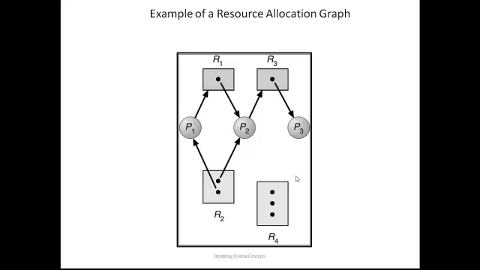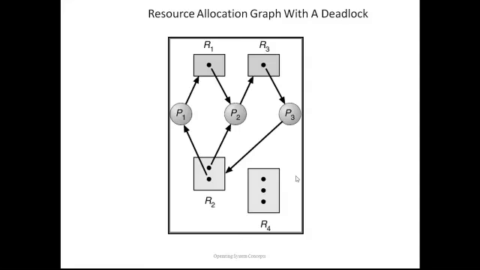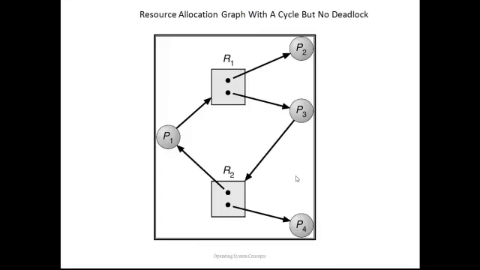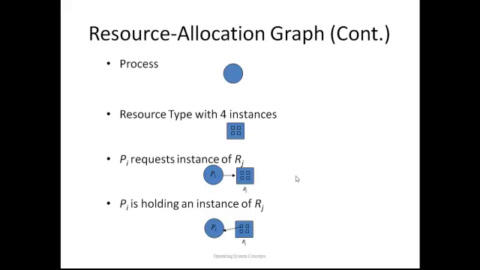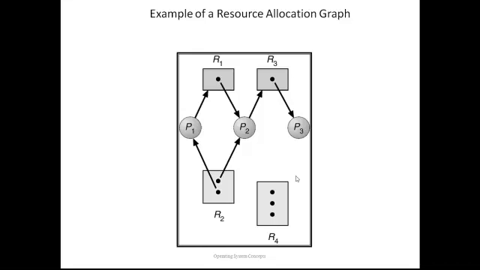Now we'll look at some resource allocation graphs, as given in the example. We have 3 processes and 4 resources. In this graph, we can find an allocation.